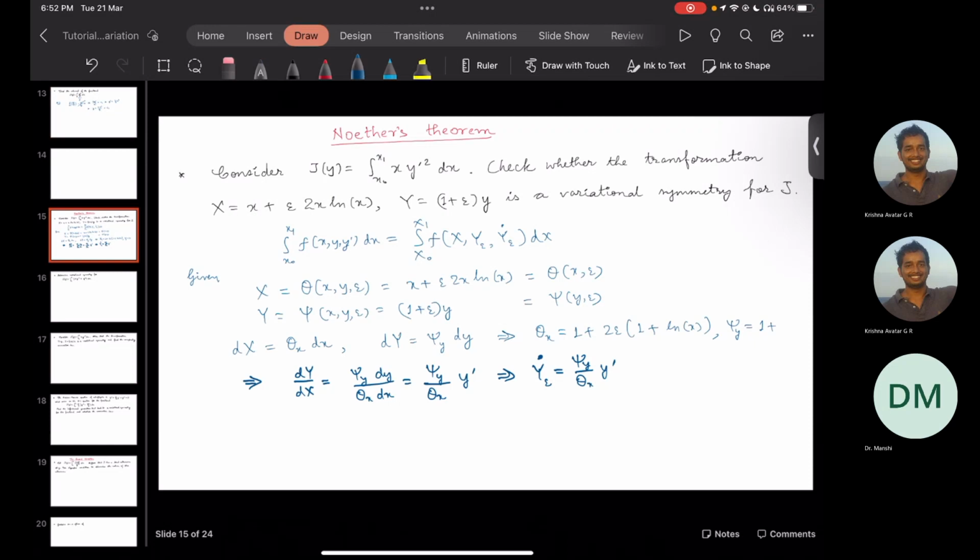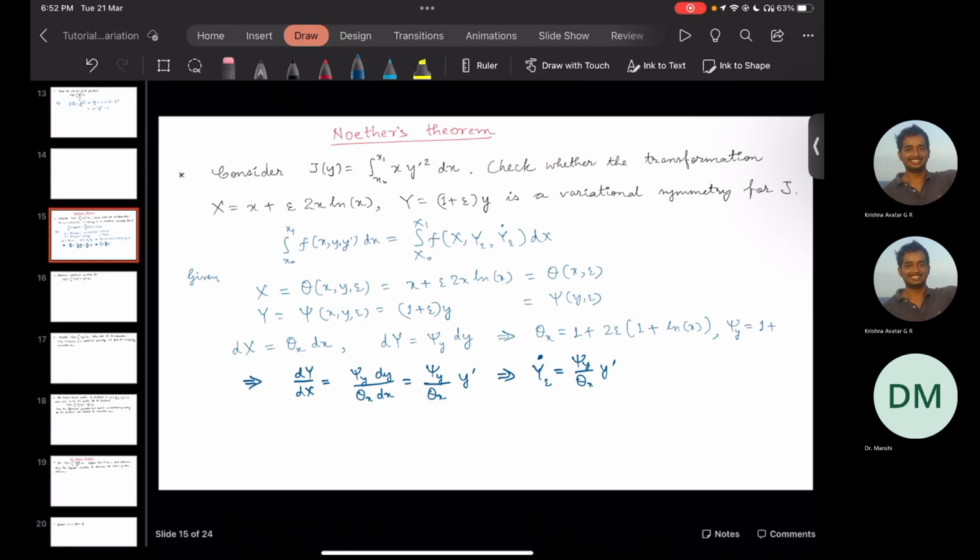Now, when you take a look at the transformation, capital X is equal to small x plus epsilon 2x and then natural log of x. What you see is it's tough to obtain an inverse function which expresses small x in terms of capital X, right? Because of the presence of the log.